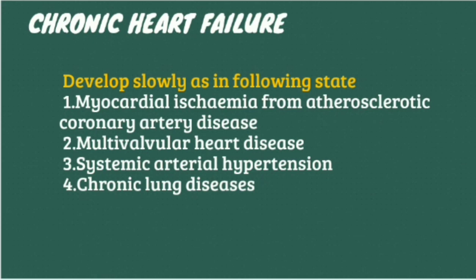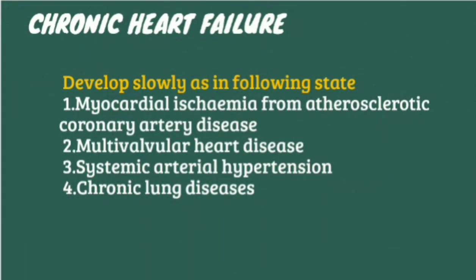The fourth one is chronic lung diseases resulting in hypoxia and pulmonary arterial hypertension. Here, lung diseases can affect the oxygenation of blood and cause hypoxia. Hypoxia means the absence of enough oxygen in the tissues. Pulmonary artery hypertension means high BP in the arteries that go from your heart to your lung.